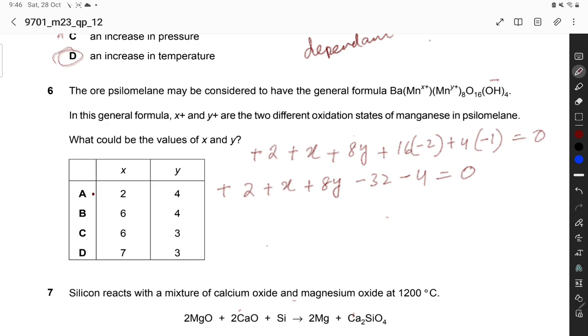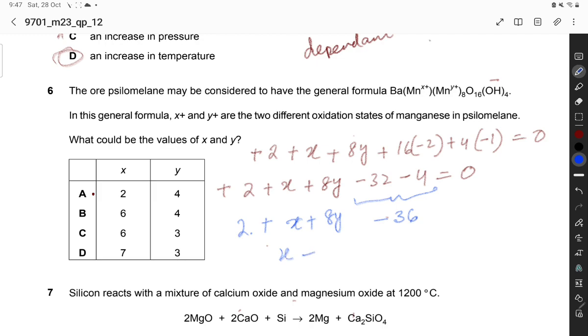Now how do we decide what the values of X and Y would be? Let's note that minus 32 minus 4 is minus 36, and 8Y plus X plus 2.